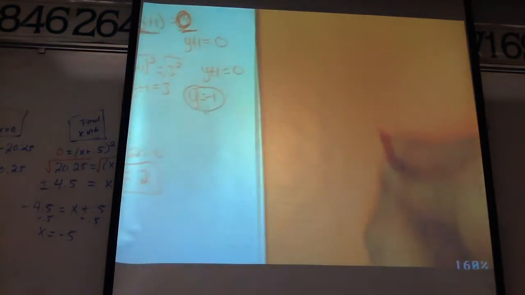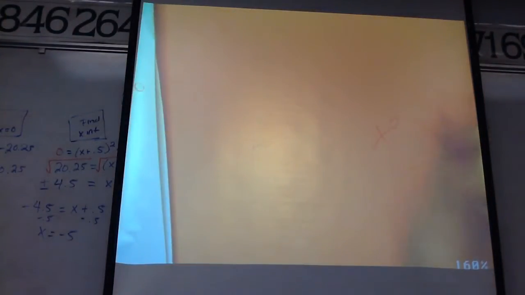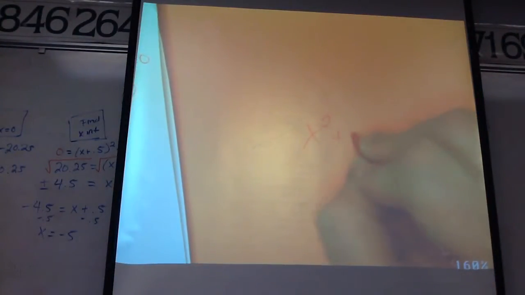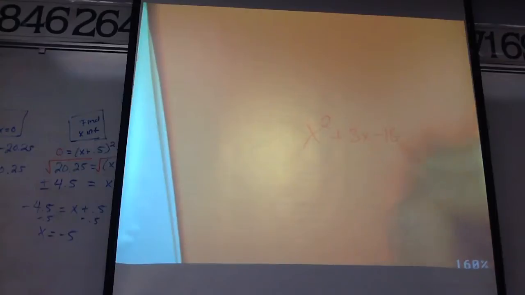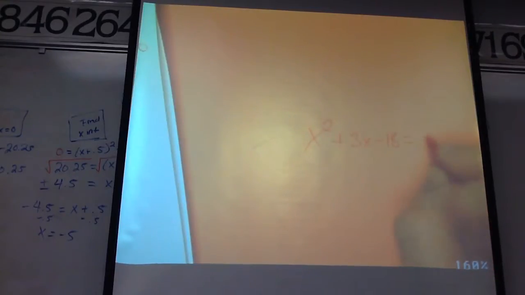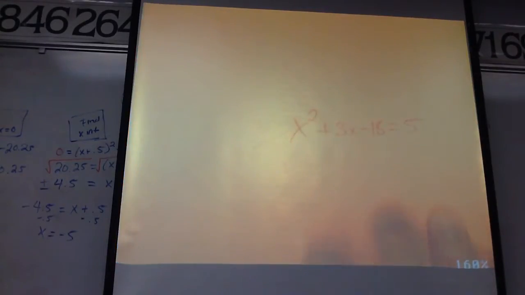If you had, just an easy one to factor, x squared plus 3x minus 18 equals anything, like, I don't know, 5. And you're like, oh, I can factor that, that's x plus 6 times x minus 3, right? You cannot say, hey, x plus 6 equals 5 and x minus 3 equals 5. That doesn't work, because now you just said this number is 5.